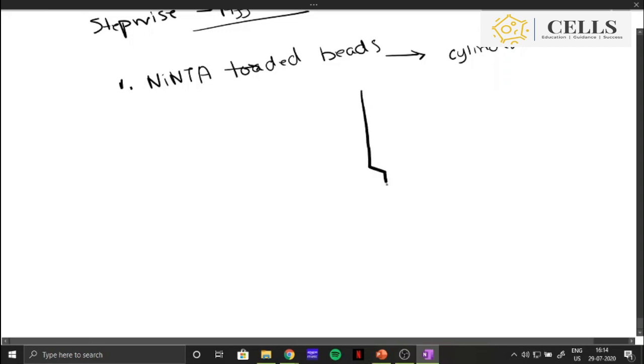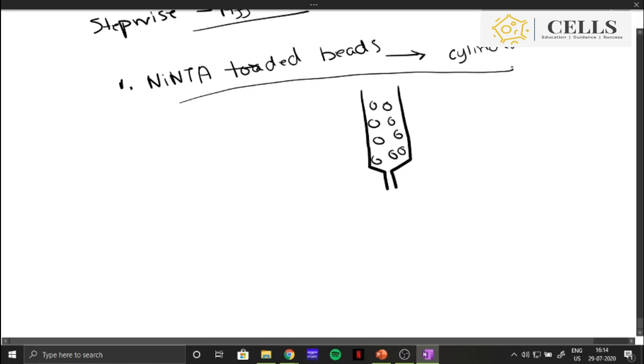This is already available in the market. So the beads are already there. There are lots of beads actually. I can't draw every bead that is present, but there are lots of beads in there. This is fully packed and dense. So this is what we get from the market.